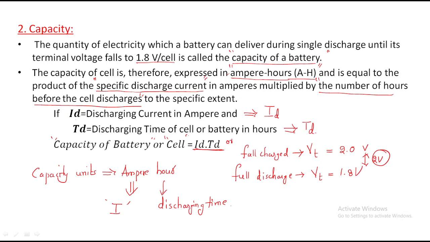Simply, the capacity of the battery is discharging current into discharging time. The units are ampere hours. This is one of the important characteristics of the battery.